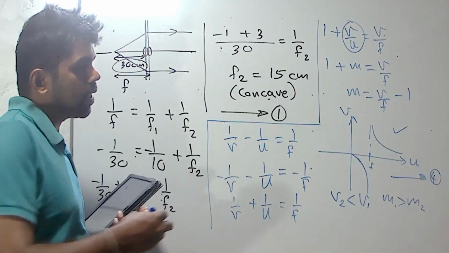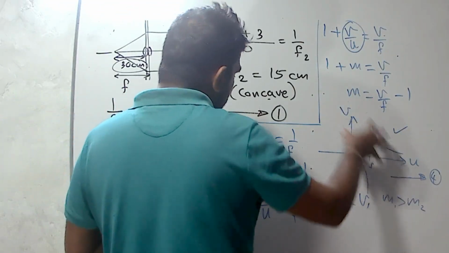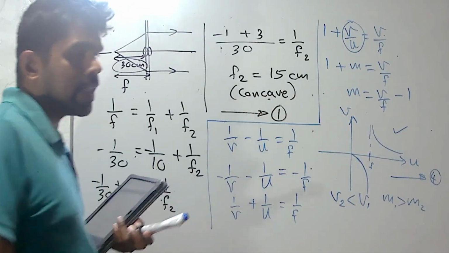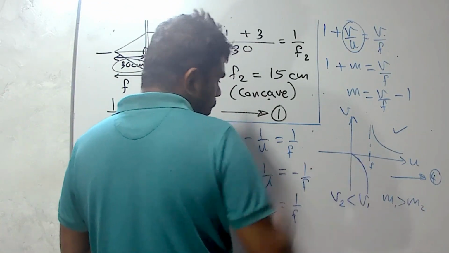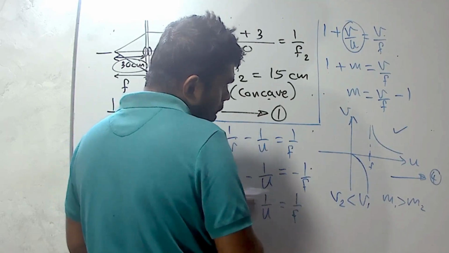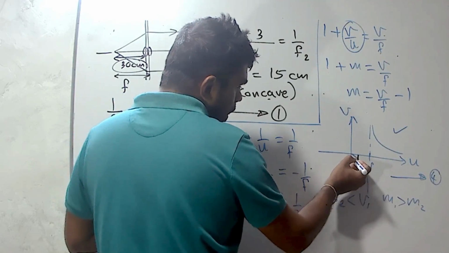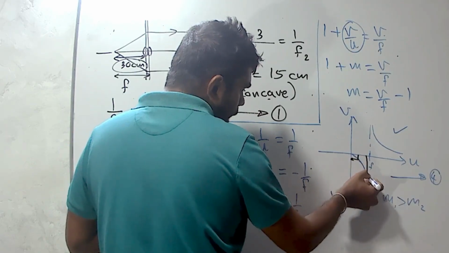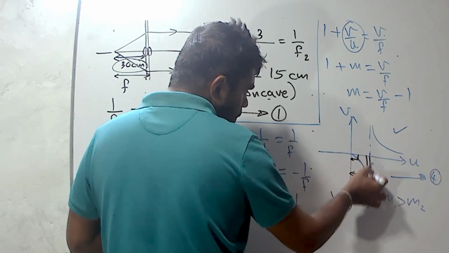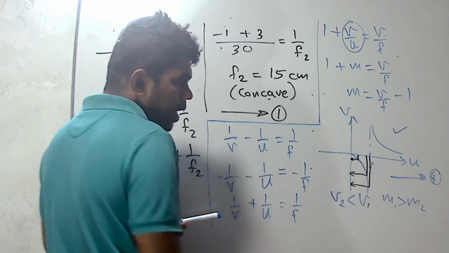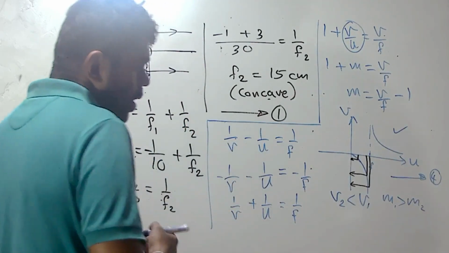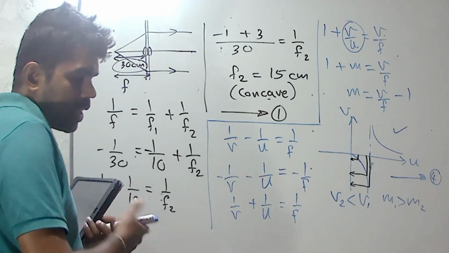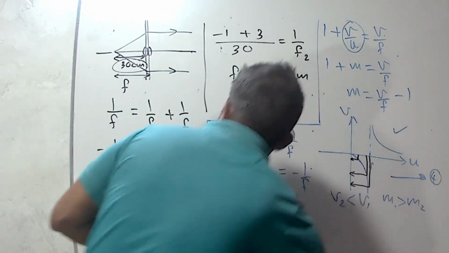We have to use this VU curve. For the initial situation, the object distance is less than f. When increasing the object distance, we can get that the image is magnified. It is a magnified image. It means the v value is greater than the u value. Then the v over u ratio is greater than 1.